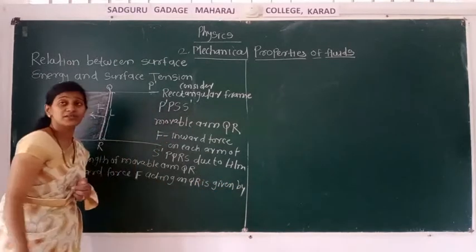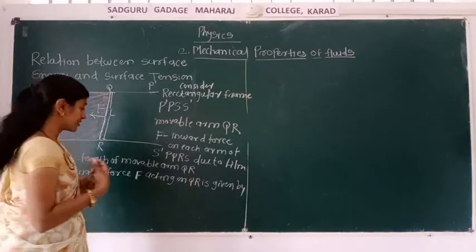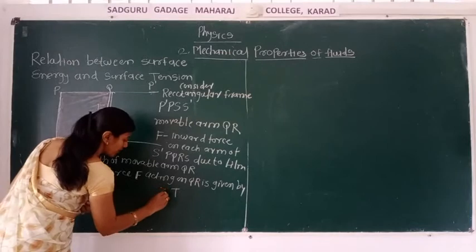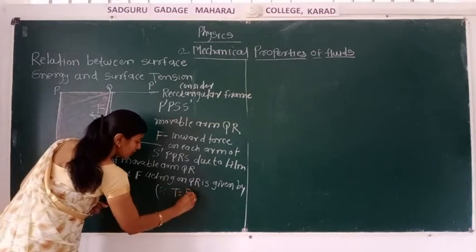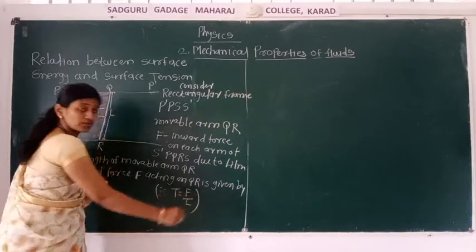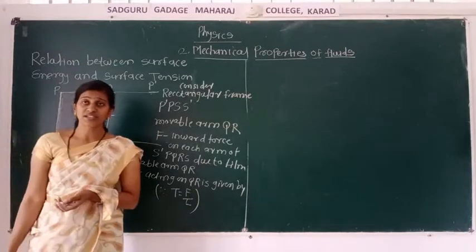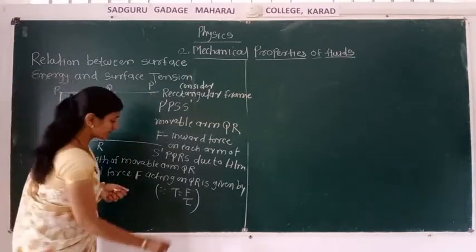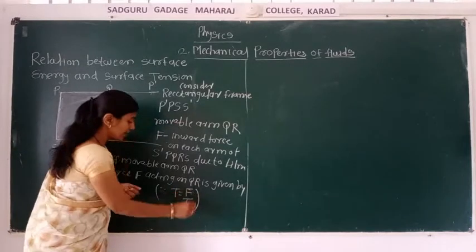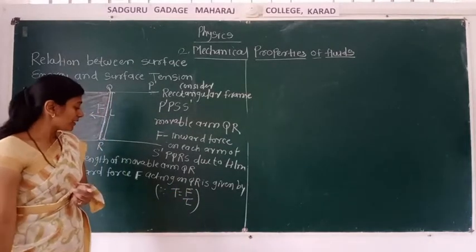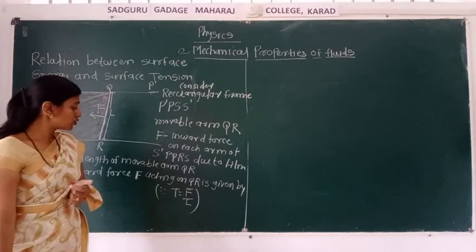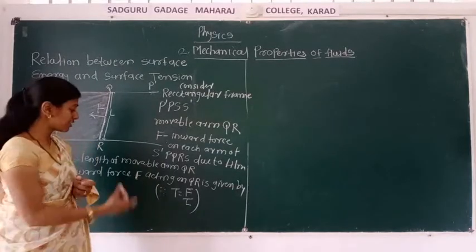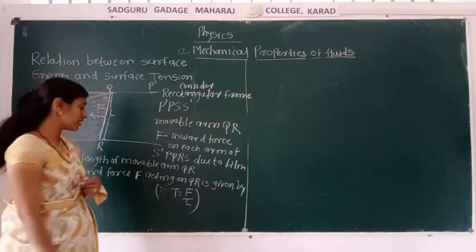We know the relation between the surface tension and the force. Here I am writing the relation: T is equal to F by L. Surface tension is defined as the tangential force acting perpendicular to the two sides of an imaginary line, that means force per unit length.